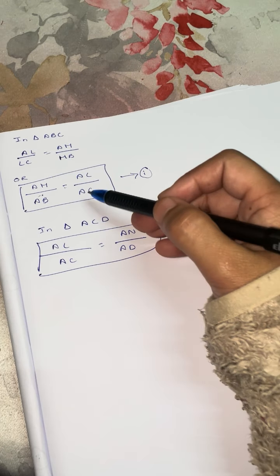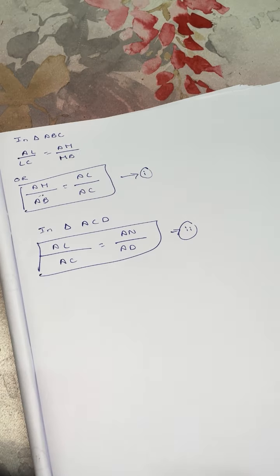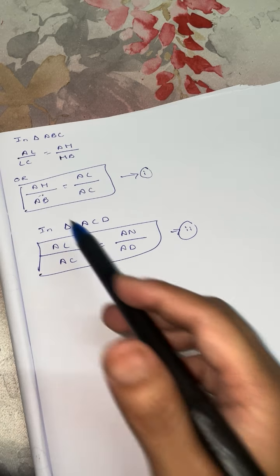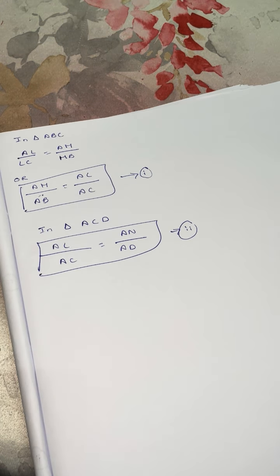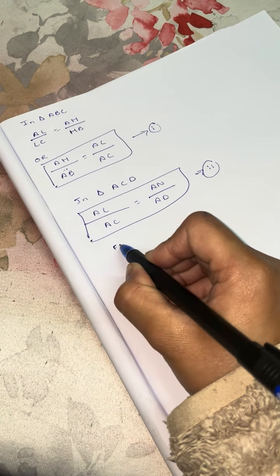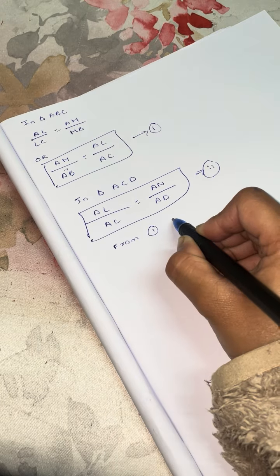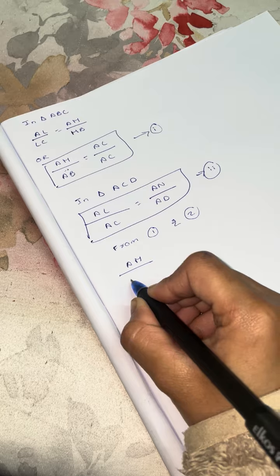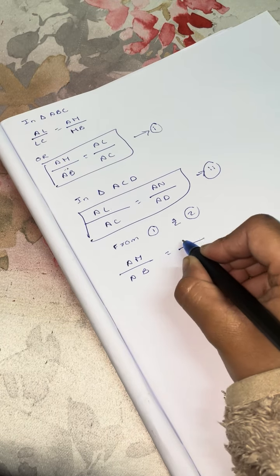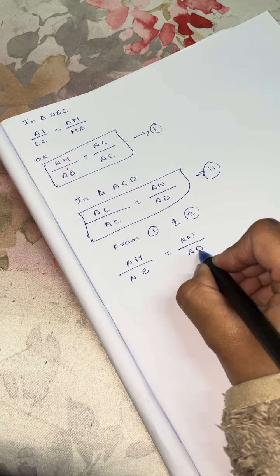Both of them are equal, they are the same. Hence, if they are equal, we can say from 1 and 2 that EM over EB is proportional to EN over ED.